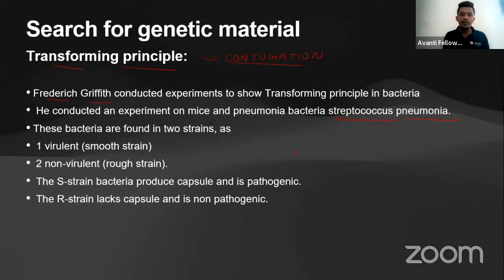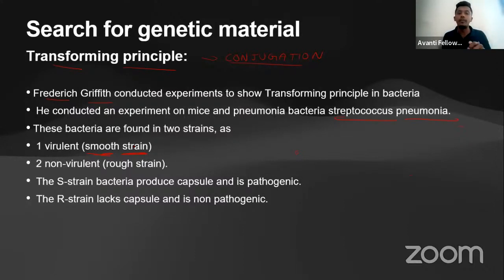There is a glycoprotein capsule present around this disease-causing bacteria, which makes it look very smooth. So we call this the smooth strain bacteria. The smooth strain is the one which has the capacity to cause a disease.